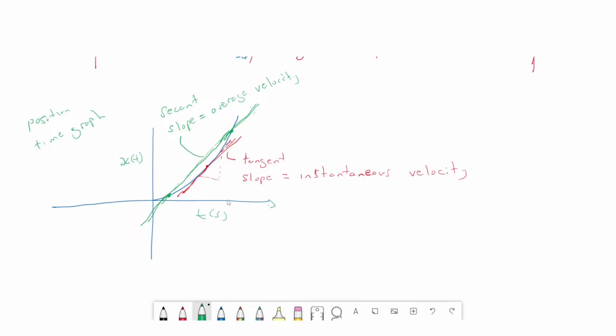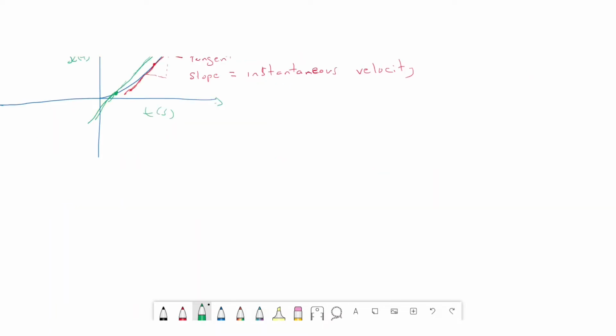But the most important thing here is I wanted to introduce these two concepts: what is a tangent, and what is a secant? Now we can find the slope, of course. Let me just take it up as well. So we can find the slope of this. I'm just going to redraw everything.